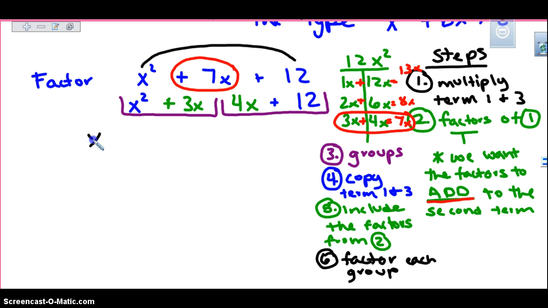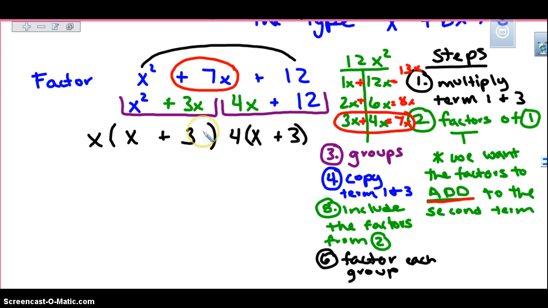X. So if I take out an x, open my parentheses, x squared divided by x is x. 3x divided by x is 3. So we factored out the first one. What can I factor out of 4x plus 12? 4. 4x divided by 4 is x. 12 divided by 4 is 3.